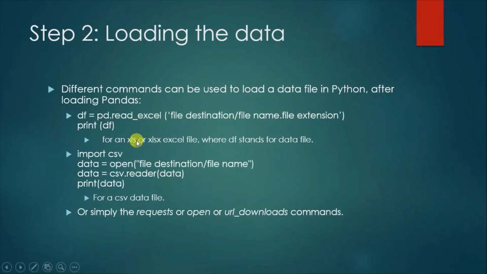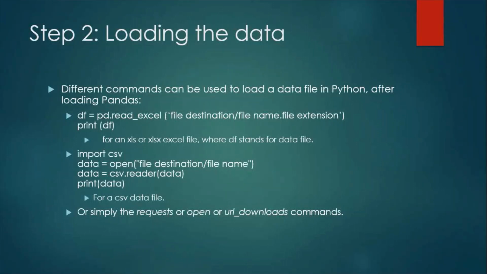This is for an Excel xls or xlsx file; xls is an older version of Excel files, and xlsx is a newer version, so mostly these files are used. After writing this command in Python, you give the file destination to the software like Jupyter Notebook, then the file's name, and then the extension, which may be .xls or .xlsx. Then you write print(df).